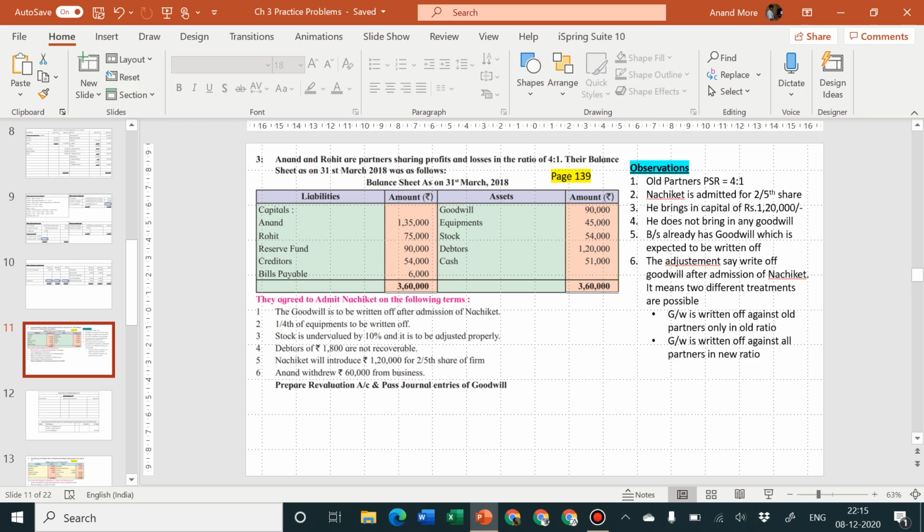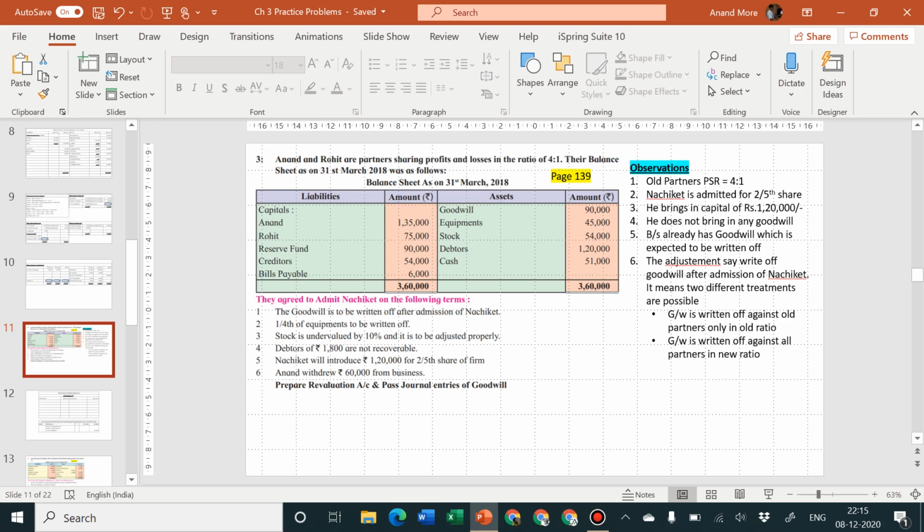Please make the working in your notebook on the rough page. 90,000 to be divided by 5, that goes to 18,000. So 18,000 is the amount to be transferred to Rohit, and for Anand it will be multiplied by 4, that goes to 72,000.